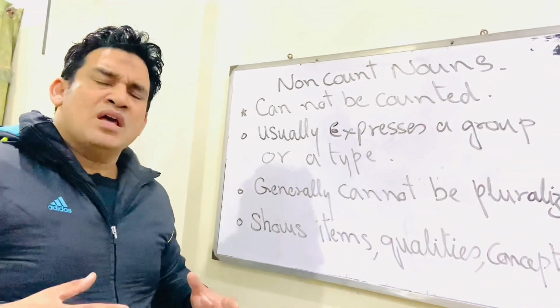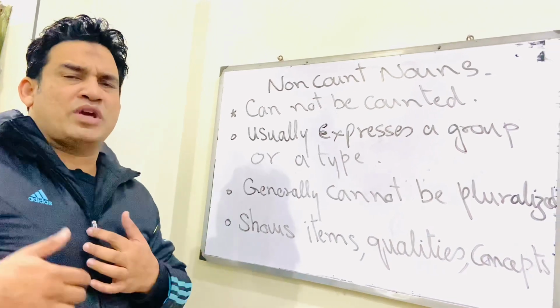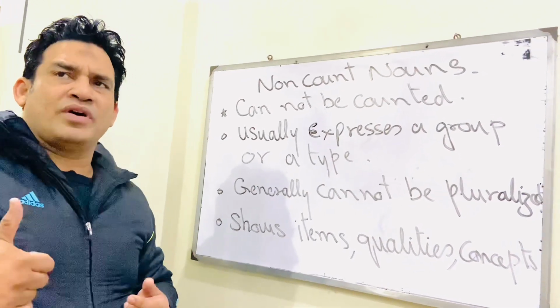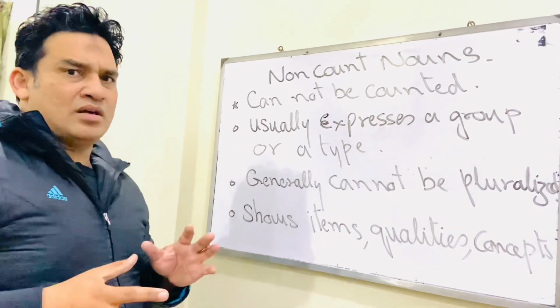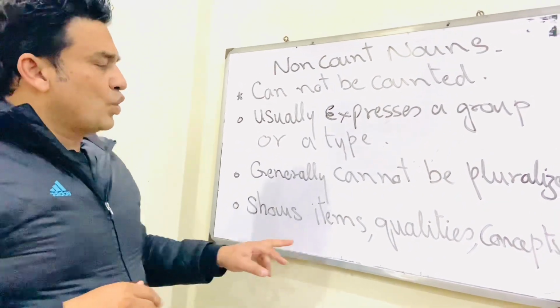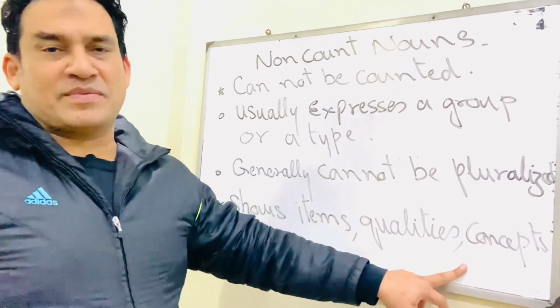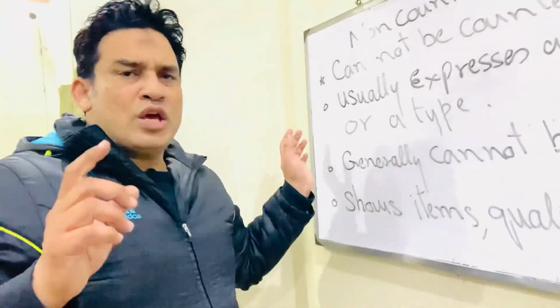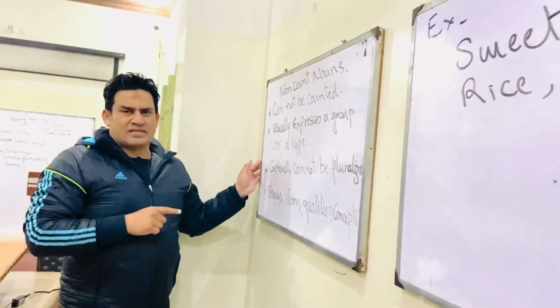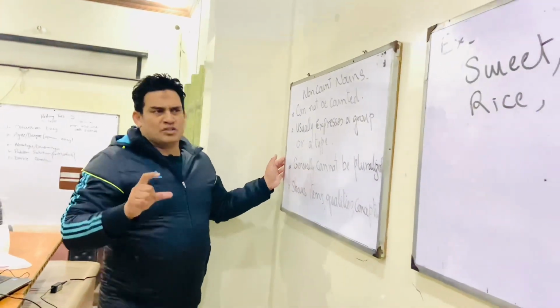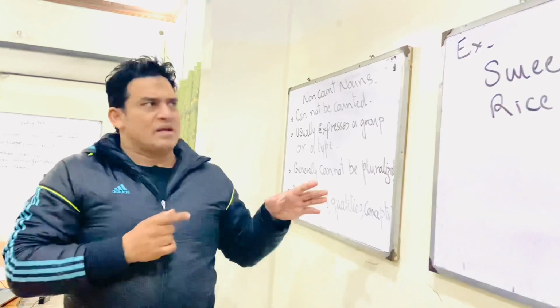You cannot make the plural of these nouns, but you can make the plural of count nouns by adding s. They show items, qualities, and concepts. This is very important. If you are learning PTE, in the PTE writing section you have to use these things. In your IELTS, you must be aware of all that.